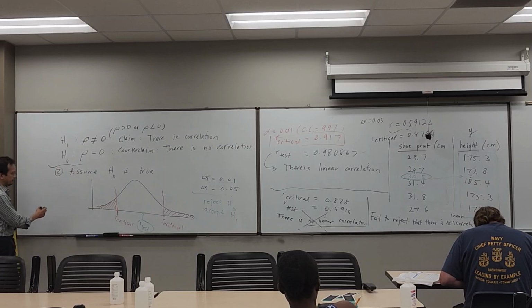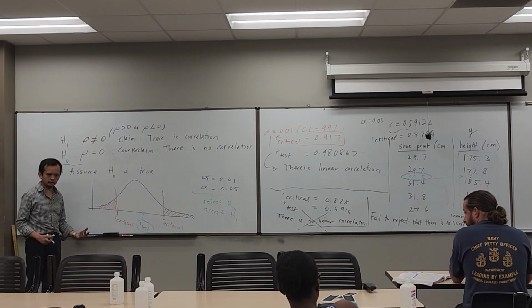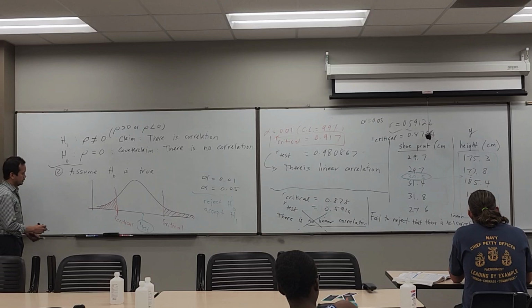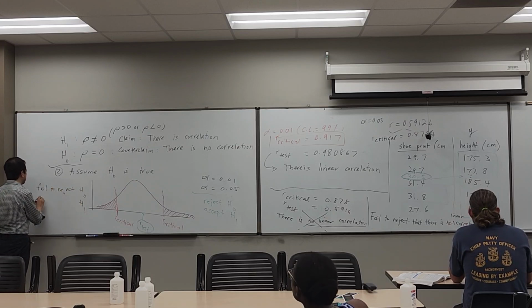And if the observation is in the body of the distribution, then the observation is consistent with the idea that H0 is true. So you have one observation that's consistent with the idea. So you can't accept that idea, but you fail to reject H0, and then fail to accept H1.